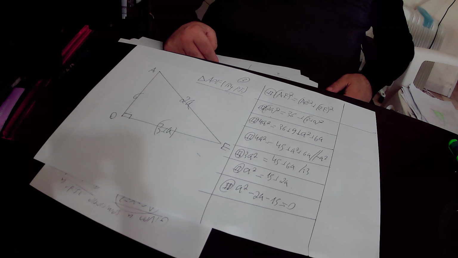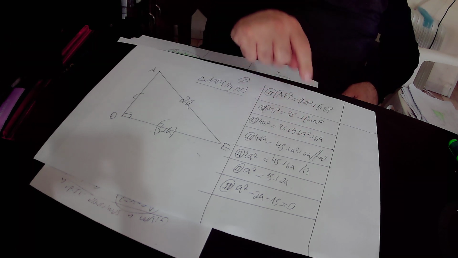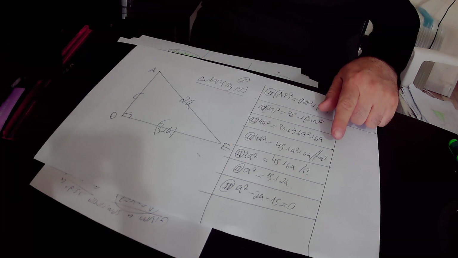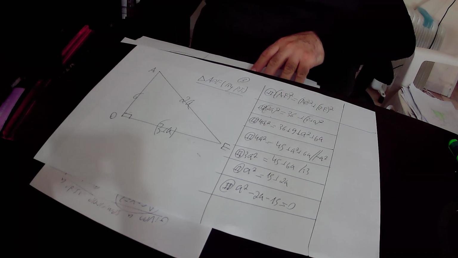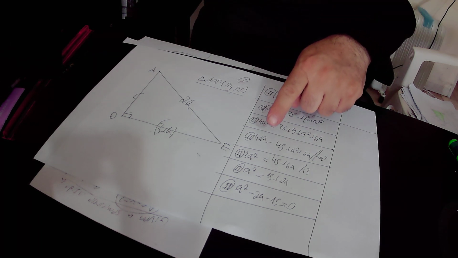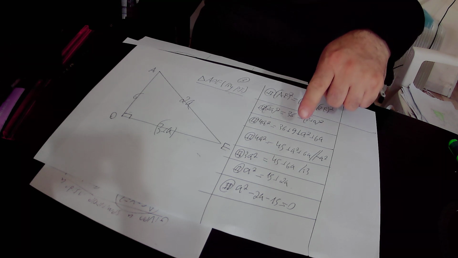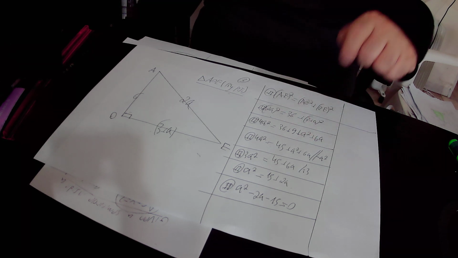So 4A squared equals 45 plus A squared plus 6A. We subtracted A squared from this equation number 2. And here 4A squared minus A squared is 3A squared, equals 45, A squared minus A squared is 0, plus 6A.